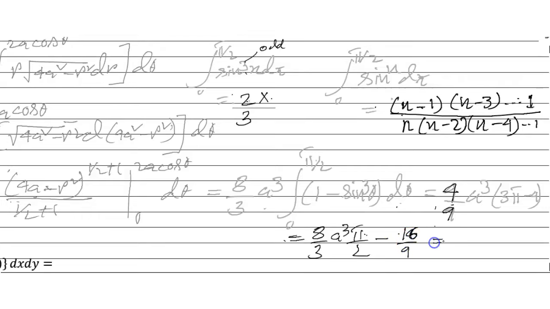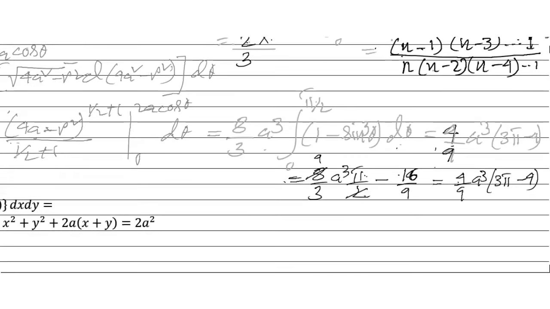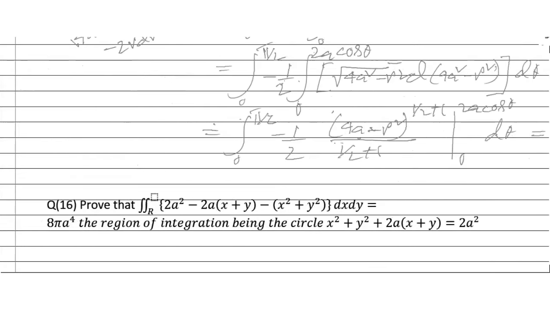Just take common 4 by 9, and this portion is cut here, so 4 by 9 a cubed is equal to 3 pi minus 4. This is the answer, friends. I hope I can clear this concept.